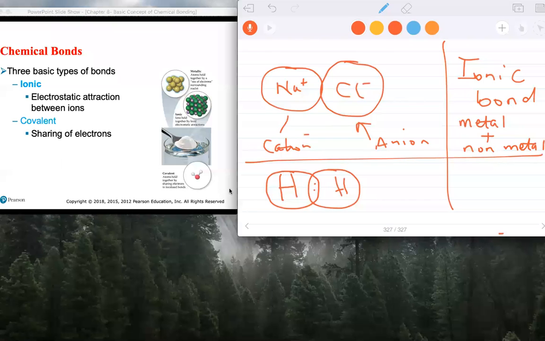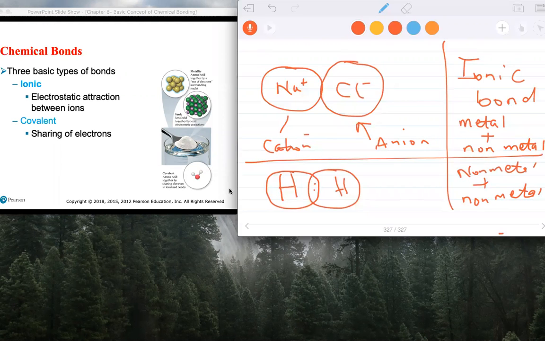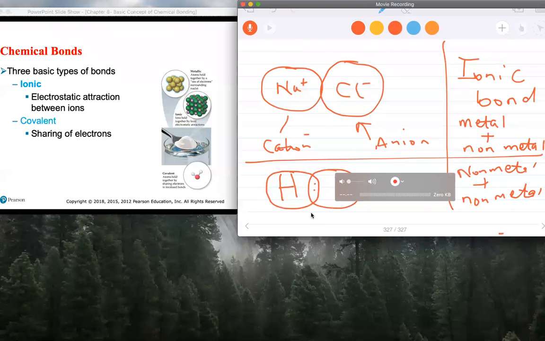These are non-metal plus non-metal. This is how I can tell whether a compound has a covalent bond. This is sharing of electrons. You see on my whiteboard, there are two electrons being shared here by these two hydrogen atoms.